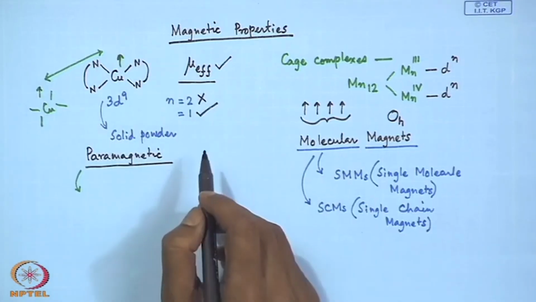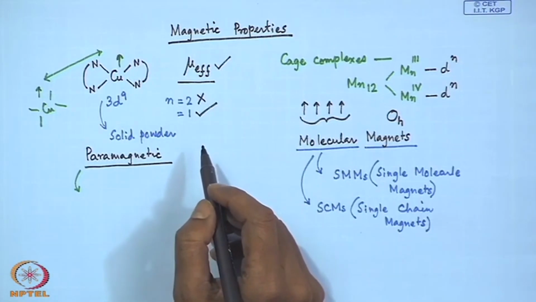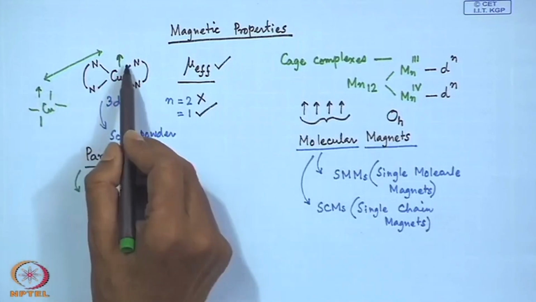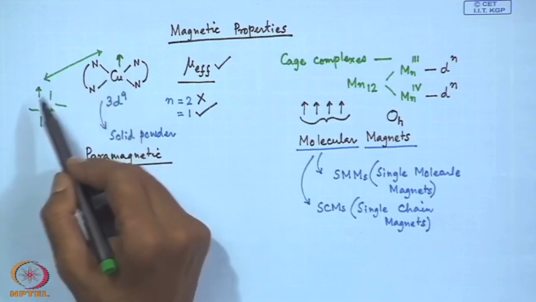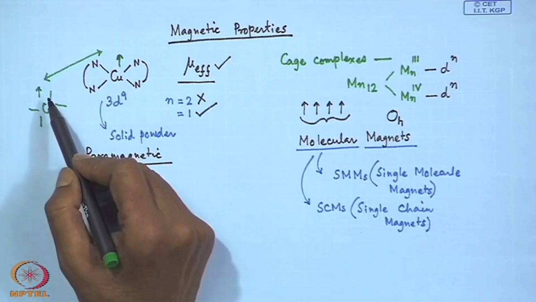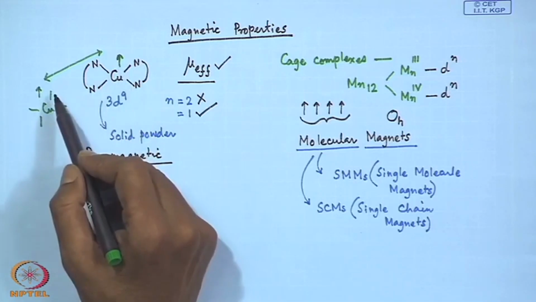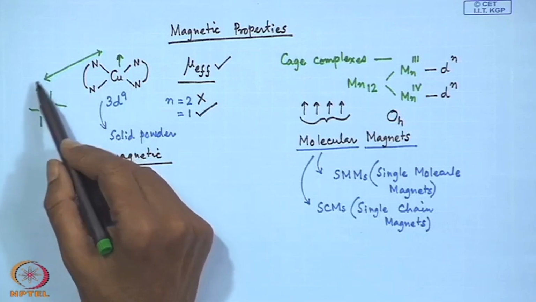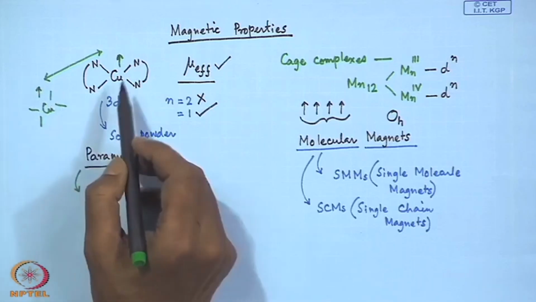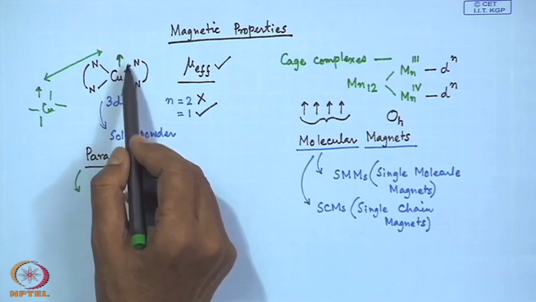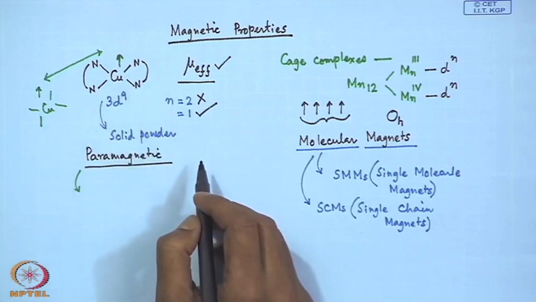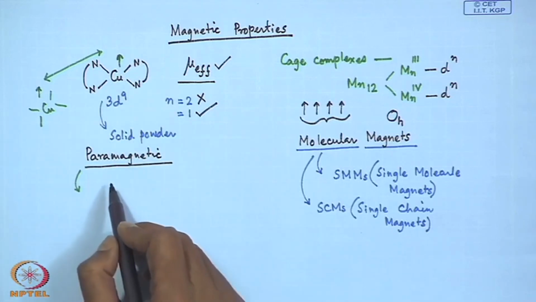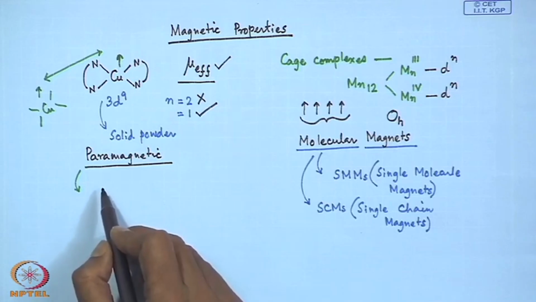That means these two unpaired electrons, if they are close enough, can interact with each other, and sometimes they can share, such as two magnetic orbitals. The magnetic orbital of this copper center can interact with the magnetic orbital of the second copper center, and as a result we can have 2 or 3 different types of magnetic interactions.